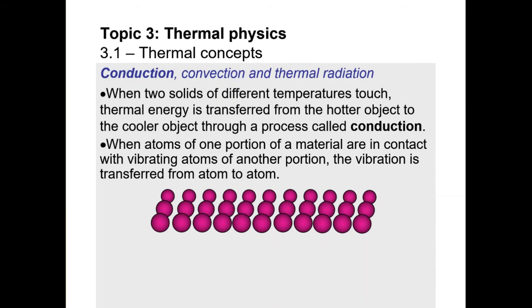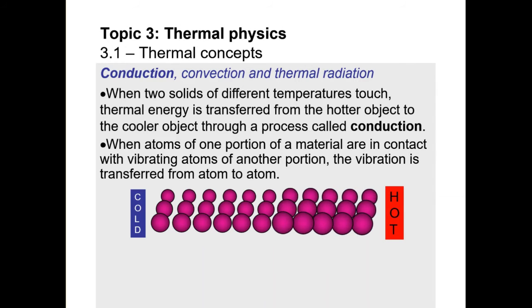Conduction. When two solids of different temperatures touch, thermal energy is transferred from the hotter object to the cooler object through a process called conduction. When atoms of one portion of material are in contact with vibrating atoms of another portion, vibration is transferred from atom to atom.